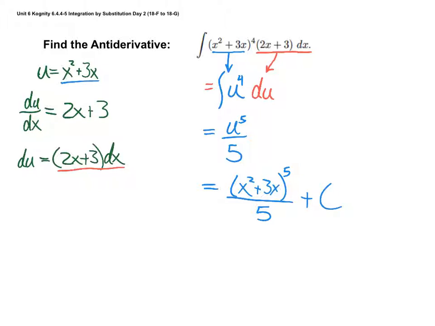So I can replace that 2x plus 3 dx with just a du. I can replace the x squared plus 3x with the u, and now I have something that I'm actually able to integrate. u to the 5th over 5. Then I just substitute back in the u, and I have my final answer.